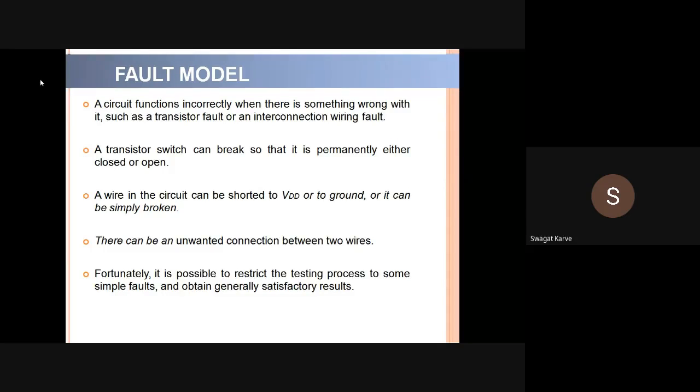That means you have to connect a particular pin to either logic 1 or logic 0, or you can say high voltage or ground, and check the functionality of the entire circuit or entire design. Then as we have created the fault manually, we know the output of that circuit.